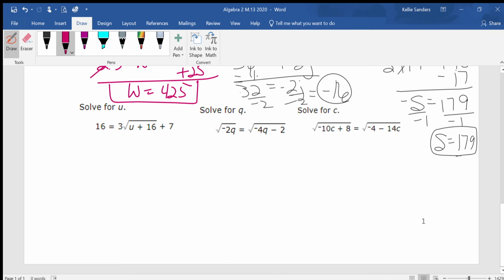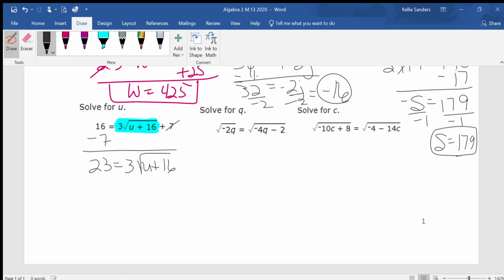Okay. There's a lot of stuff going on in this one. This is the term right here with U in it. So the first thing we're going to do is get rid of the 7. U and the 16 are on the inside. This has U, right? So now, ooh.